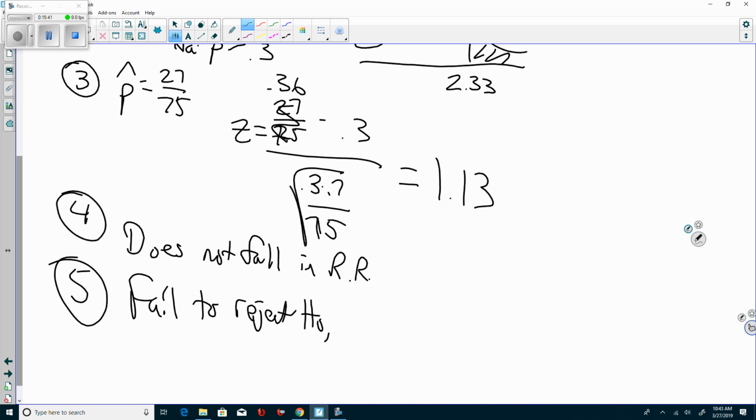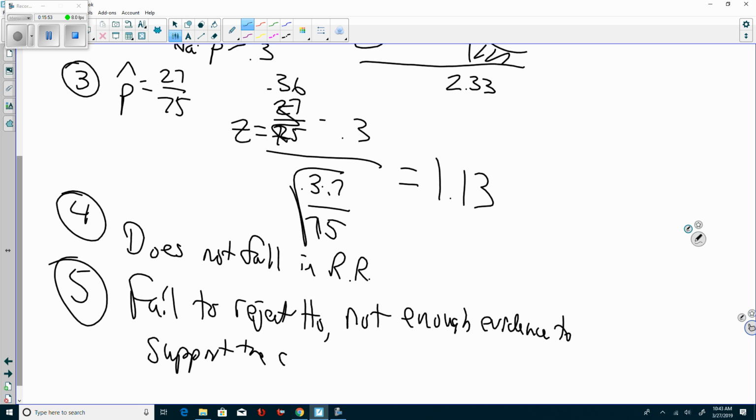Not enough evidence to support the claim. So that's a does not fall in the rejection region one.